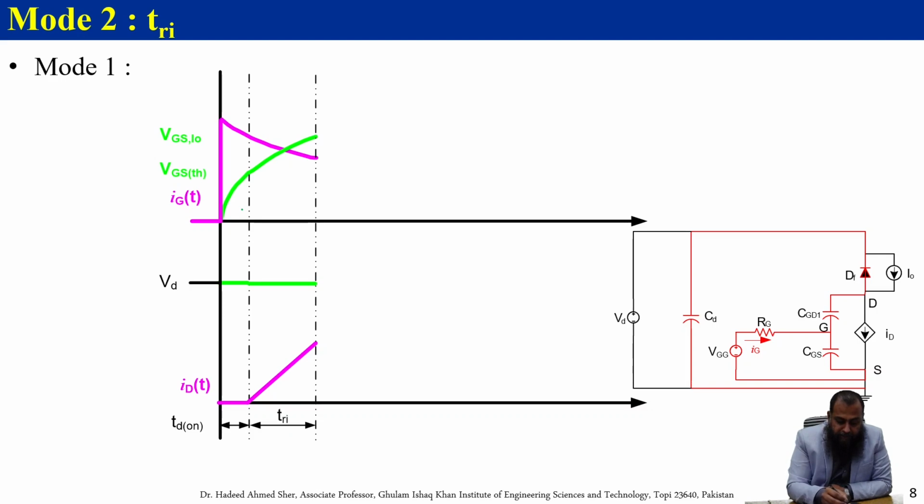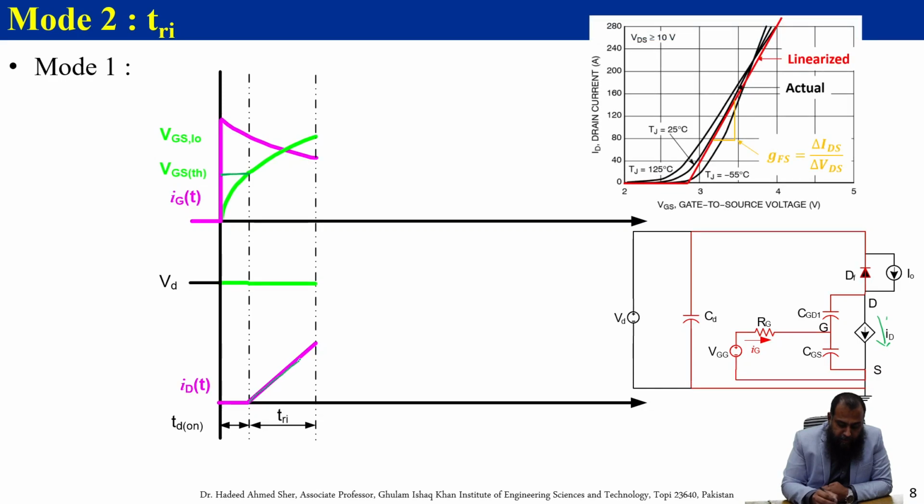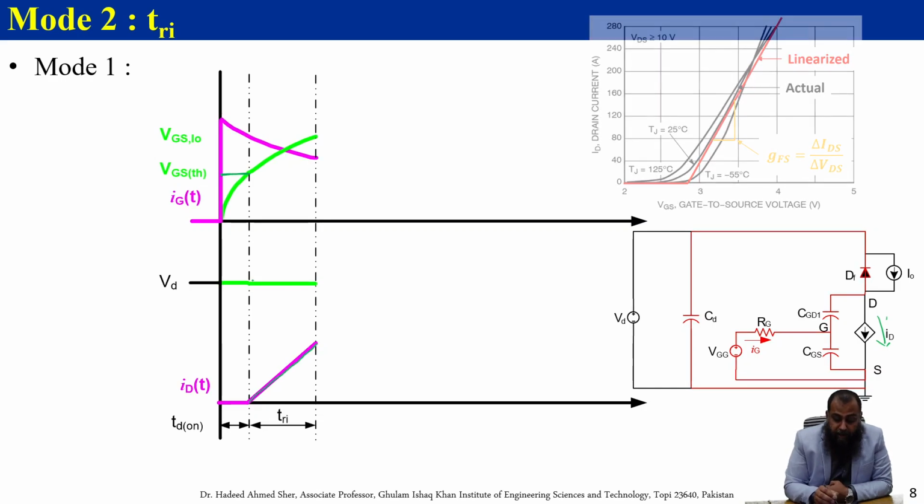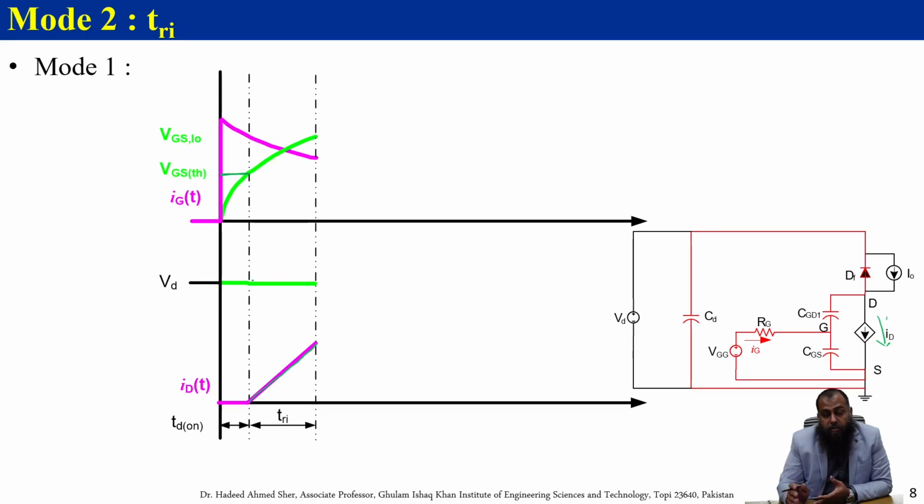Once this VGS crosses the threshold voltage of that MOSFET, the transistor moves into the active region. During the active region, we have the drain current, and as you can see here, this drain current starts to flow as shown by this dependent current source. So we have a linear rise in the drain current. However, in the active region we also have the VDS available.